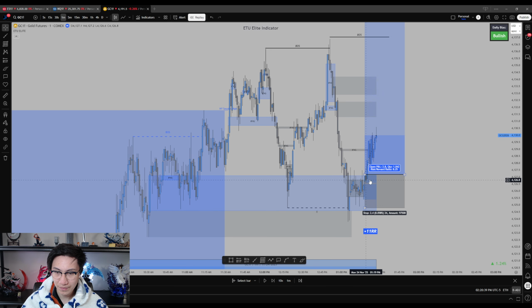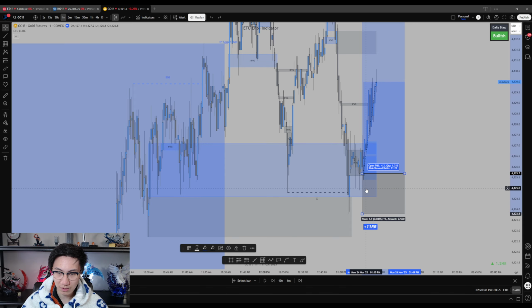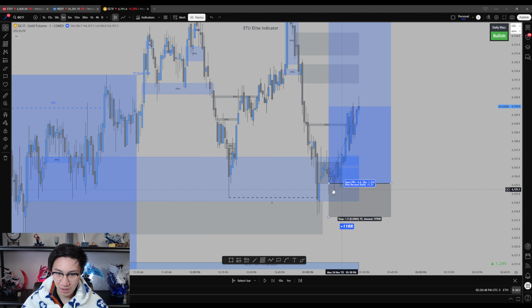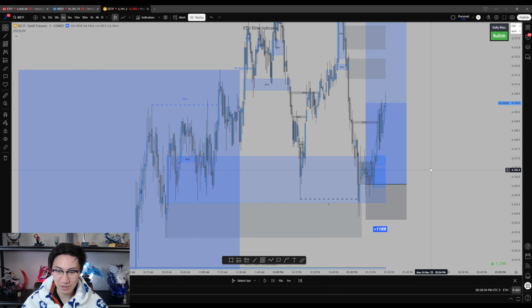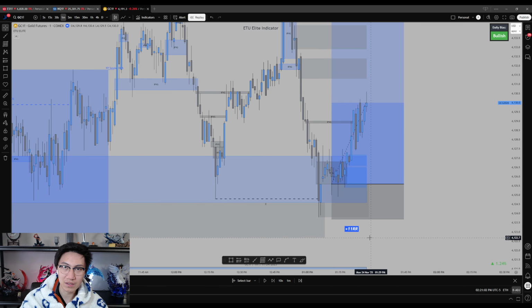But me personally, I took the OB entry model. It played out before. I got the OB entry model before the IFG, and so I took that instead of the IFG. If I got the IFG first, then sure, I probably would have taken the IFG here to not miss this A+ setup, because it's an amazing setup. The OB, if you're asking me where it is, it's right here. This is the OB. Again, a lot of ICT traders call it a bullish OB.